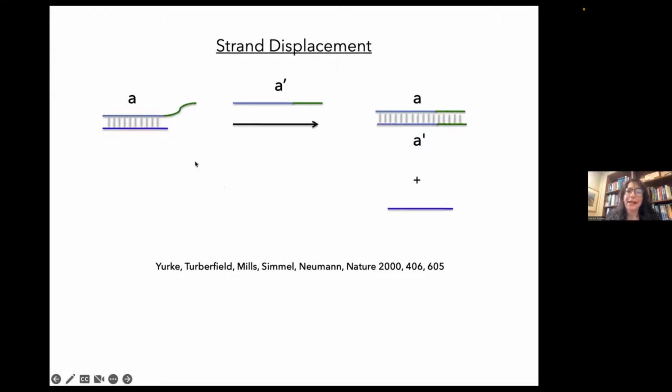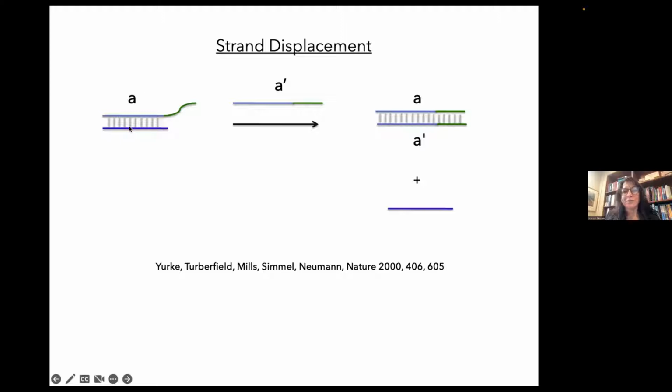So here's the idea. If I have a double-stranded DNA shown right here, where this blue strand is hybridized to this strand here, it is complementary, but this strand has a short overhang, a single-stranded part right here, that is just a little bit longer than the blue strand.